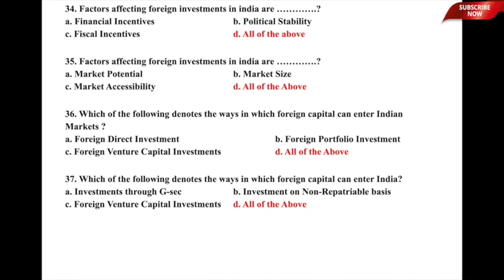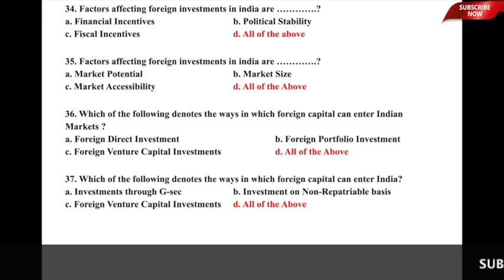The next question is question number 36. Which of the following denotes the ways in which foreign capital can enter Indian markets? The underlying options are A, foreign direct investment, B, foreign portfolio investment, C, foreign venture capital investment, and D, all of the above.